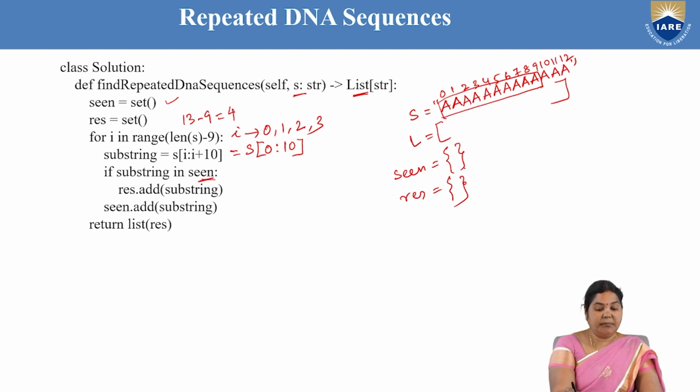No, initial seen is empty. Then you add it to result. So this substring of length 10 will be added to result, and then add it to seen also.